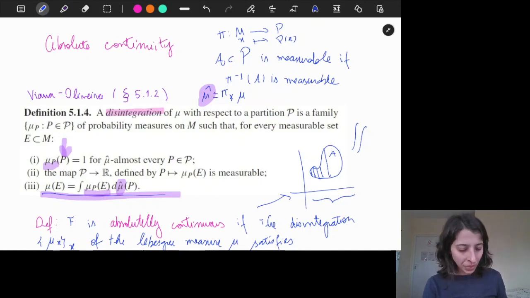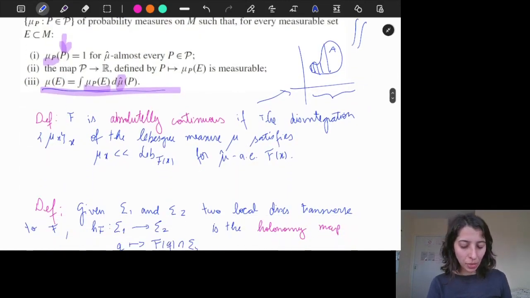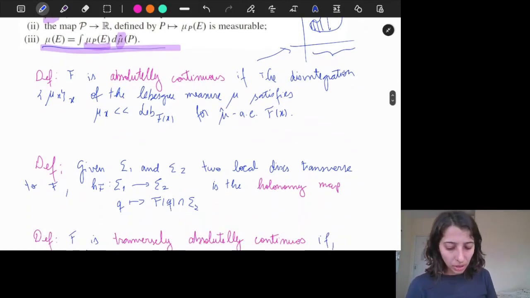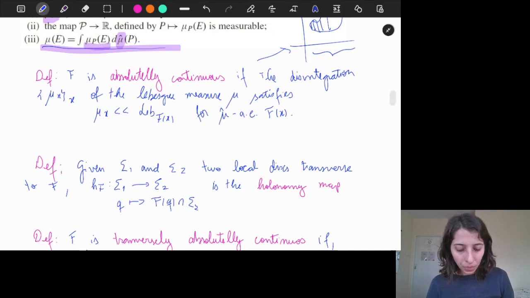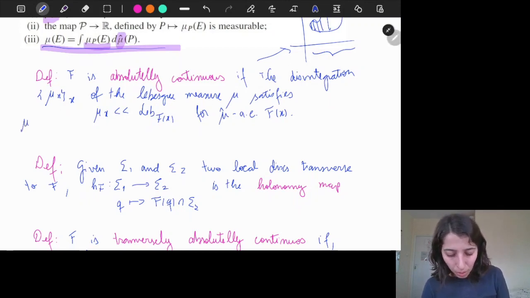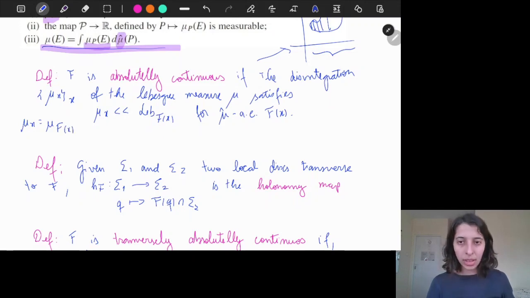And then we say that a foliation is absolutely continuous if the disintegration of the measure mu on the leaf, so mu_x is mu on the leaf of x, of the Lebesgue measure mu.